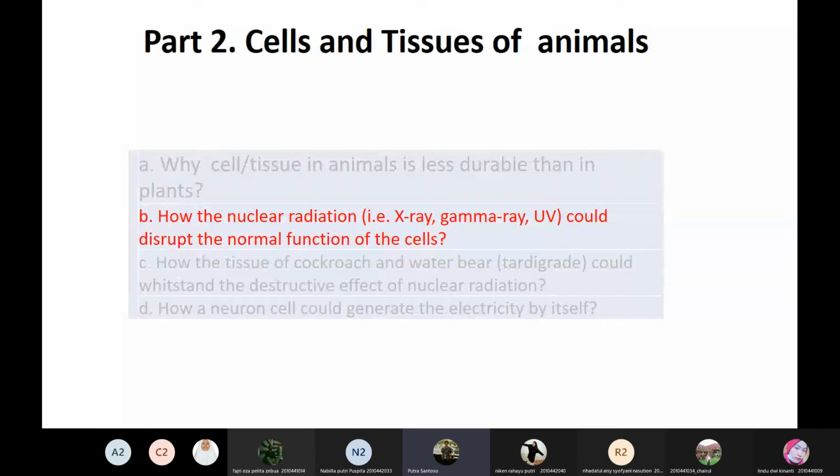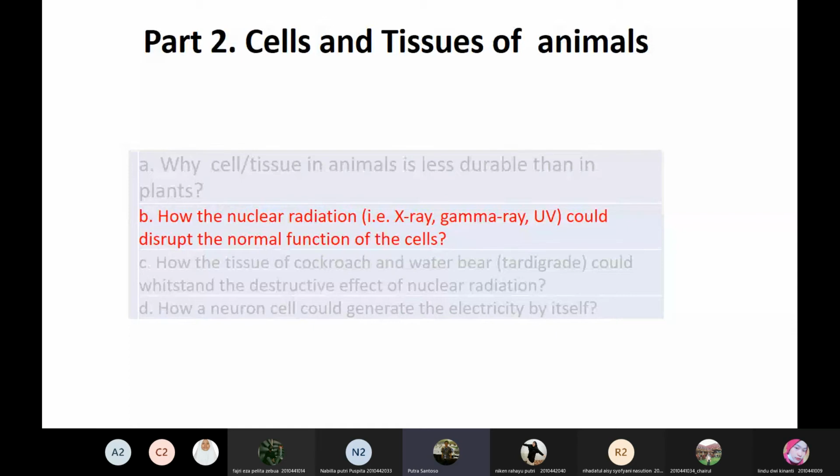How may nuclear radiations affect normal function? Because nuclear radiations will damage the DNA structures. How are particular animals like cockroach and water bear stronger compared to humans against the radiation? Because the cell division of such animals is slower as compared to humans and other sensitive organisms.